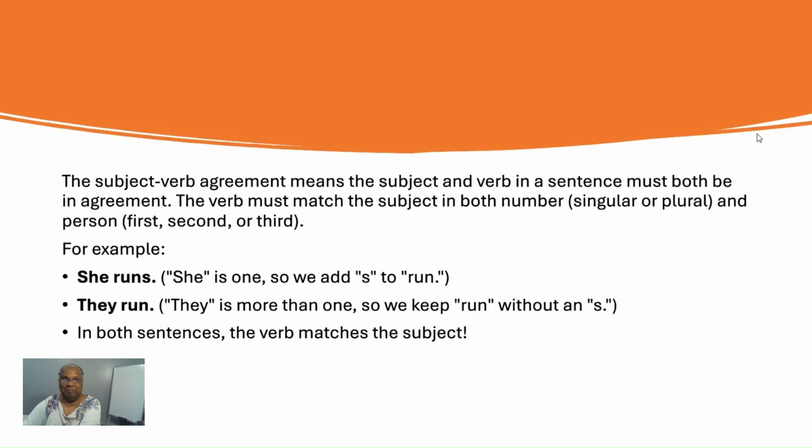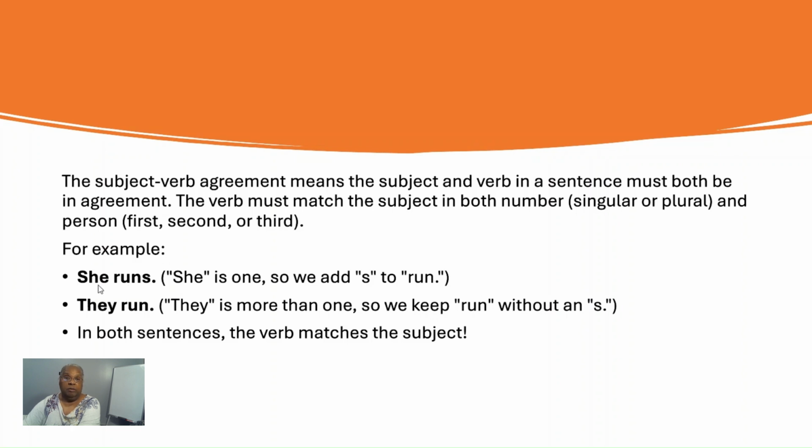Let us begin. The subject-verb agreement means the subject and verb in a sentence must both be in agreement. The verb must match the subject in both number, singular or plural, and person, first, second, or third person. For example, she runs.